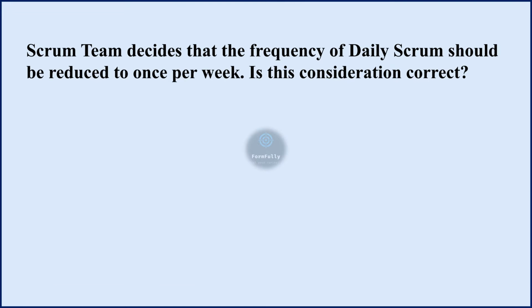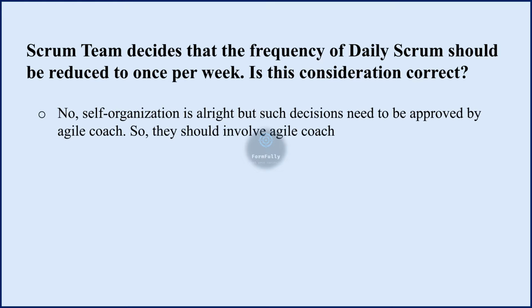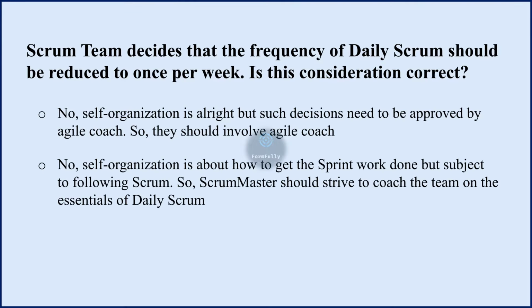Next question. The Scrum team decides that the frequency of the daily Scrum should be reduced to once per week. Is this consideration correct? Options are: Option 1, no, self-organization is alright, but such decisions need to be approved by the Agile coach, so they should involve the Agile coach. Option 2, no, self-organization is about how to get the sprint work done, but subject to following Scrum, so the Scrum Master should strive to coach the team on the essentials of the daily Scrum.